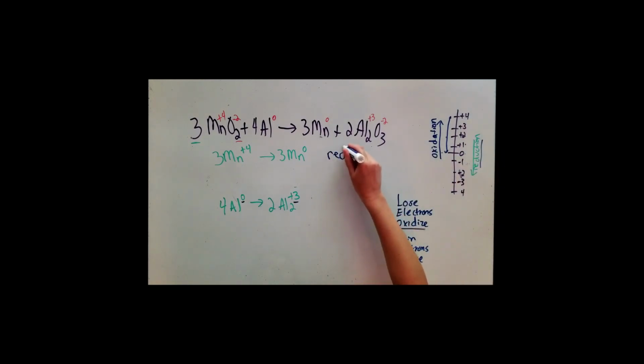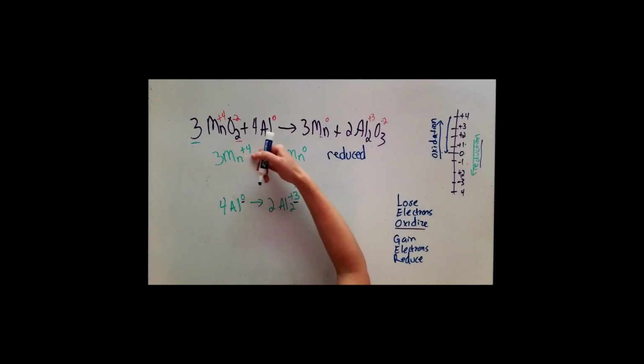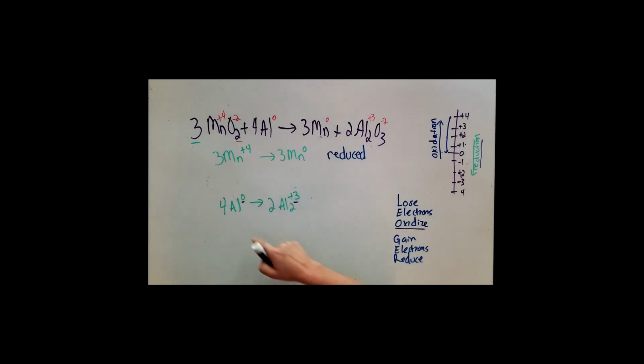So manganese was reduced. It was reduced because it's gaining electrons. It needs to gain electrons to go from a +4 to a 0. Now, aluminum went from a 0 to a +3. So aluminum started at 0 and went the opposite direction, up to a +3. So aluminum was oxidized because aluminum lost electrons.